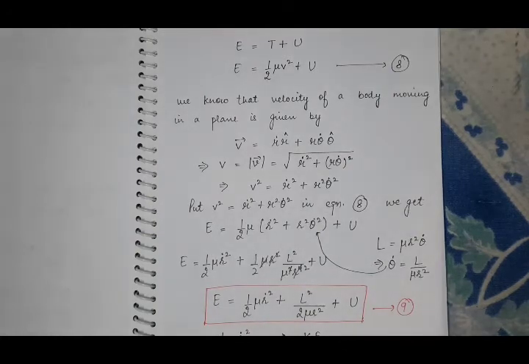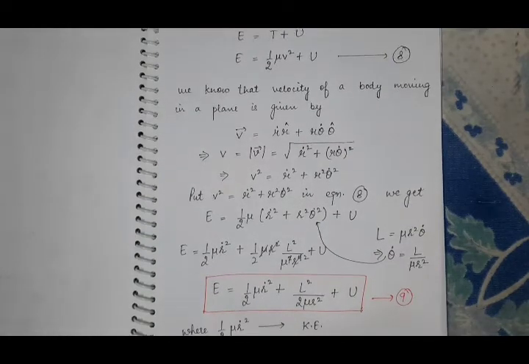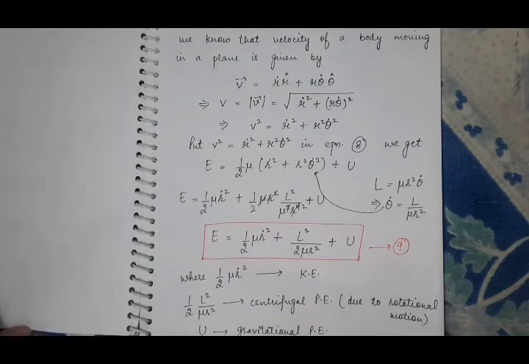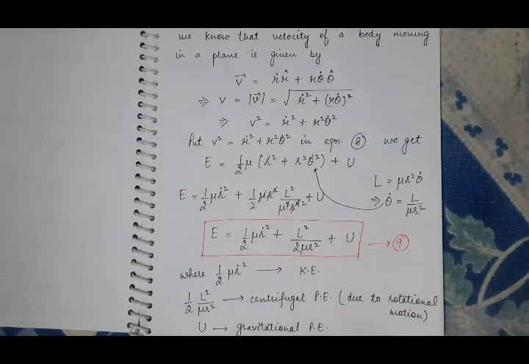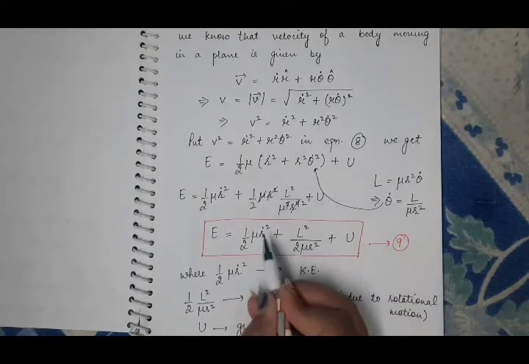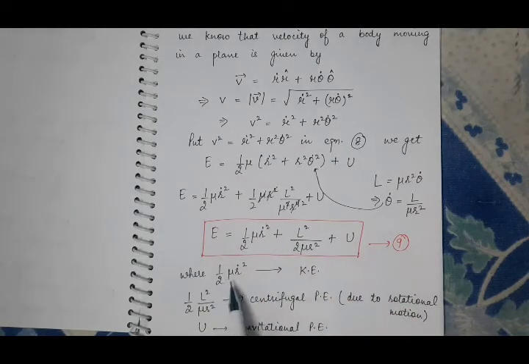Now in this expression, as we know that total energy is always the sum of kinetic and potential energy, out of these three terms, the first term, half mu r dot square, represents the kinetic energy of the reduced mass, or of the system involving the two bodies having mass capital M and small m.